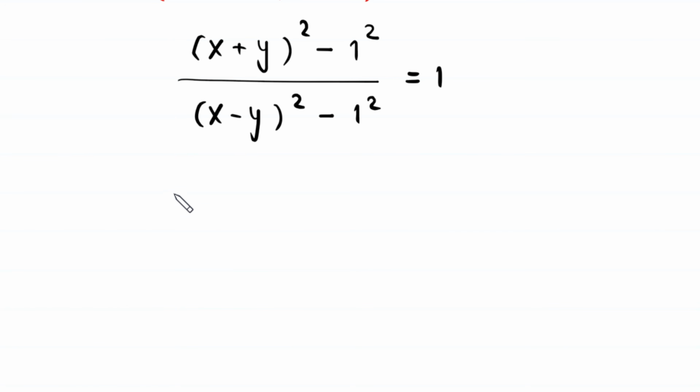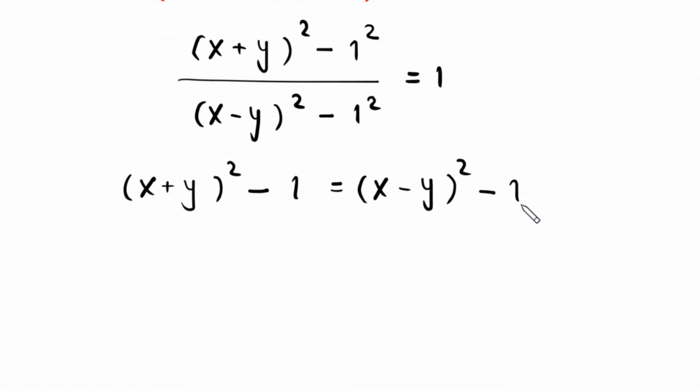Now if we multiply both sides by this denominator, this will become (x plus y) whole squared minus 1 equal to (x minus y) whole squared minus 1.